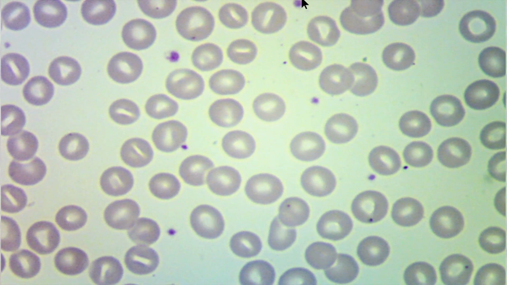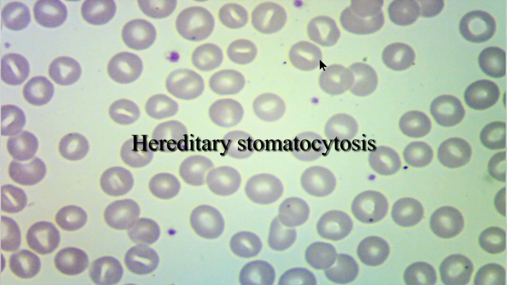The reasons for stomatocyte formation are many. In general, the condition can be either hereditary or acquired. In the case of hereditary stomatocytosis, usually the problem is a gene mutation in a gene coding for a protein that maintains the ionic balance across the red blood cell membrane.